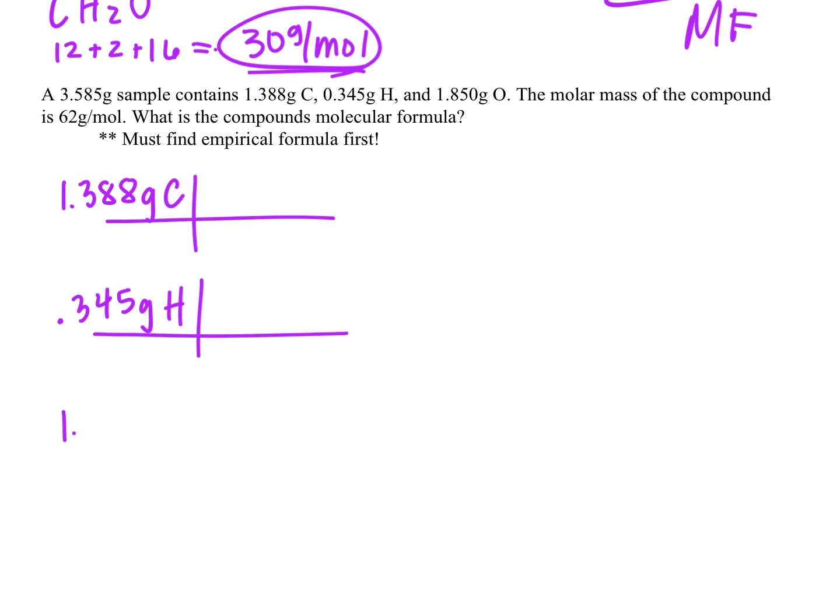And 1.850 grams of oxygen, and I would convert to moles. I'm going to take each of those grams and convert to moles. So let's go ahead and do that for each of them.